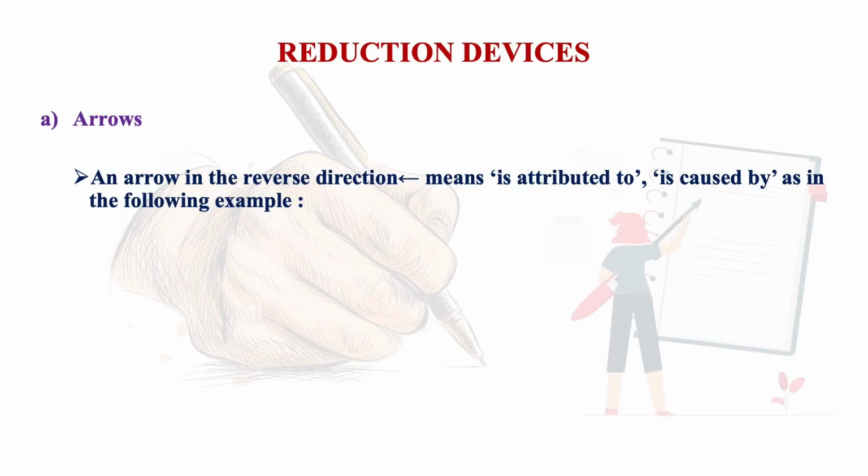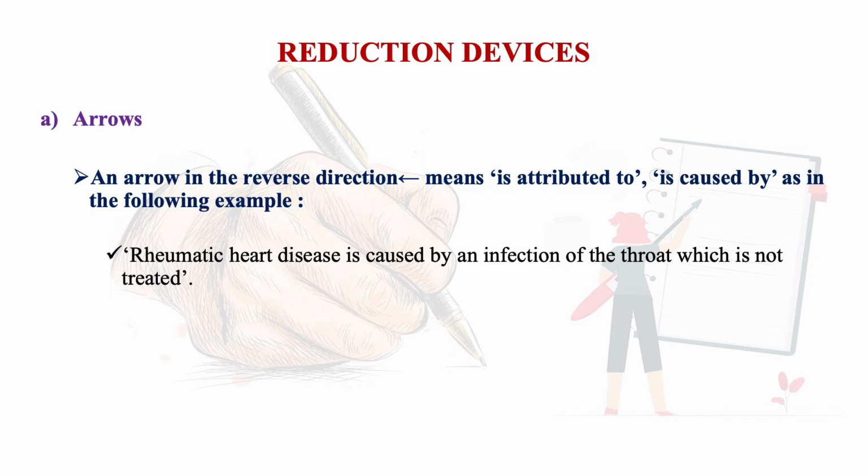Apart from the arrow, you can also make use of an arrow in the reverse direction. Now, what would the reverse direction mean? The arrow in the reverse direction would mean is attributed to, or is caused by, as in the following example: rheumatic heart disease is caused by an infection of the throat which is not treated.